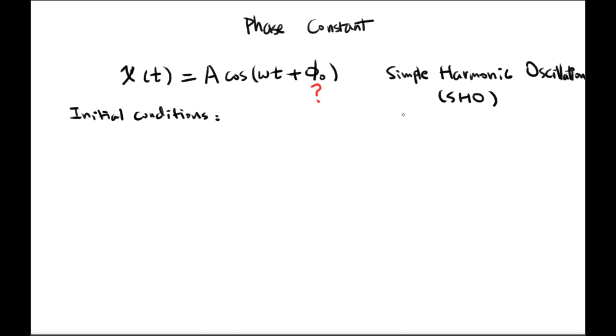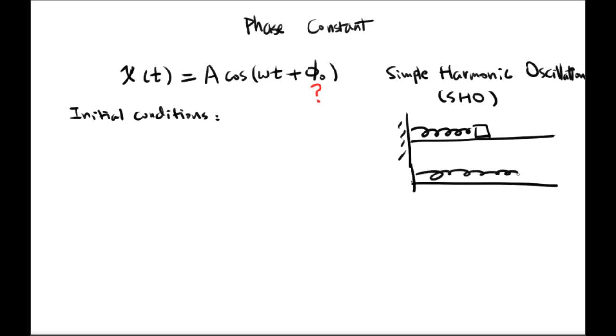So let's say we set up a spring plus mass system, and the mass is pulled to a new position. When it is let go, it will start oscillating along this equilibrium position.